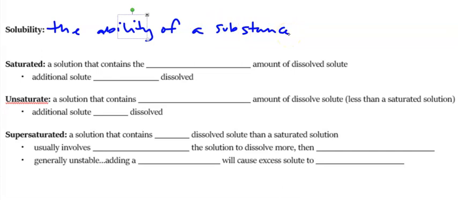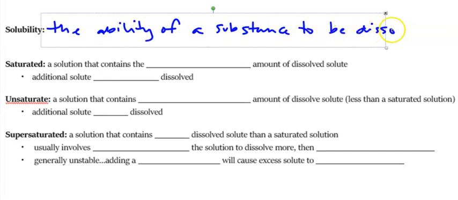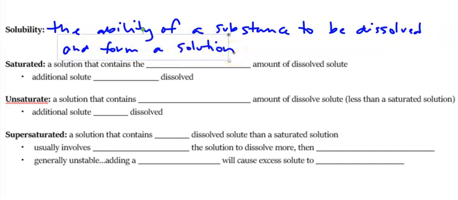All right, so solubility is the ability of a substance to be dissolved and form a solution. So every solution has their own amount of how much can be dissolved in a certain amount of solvent.